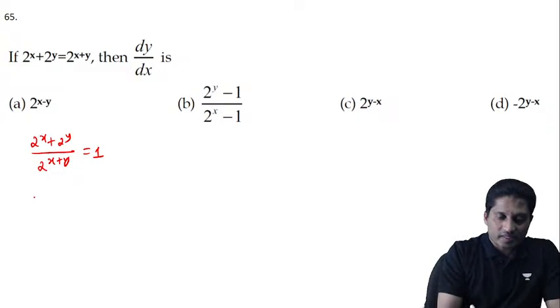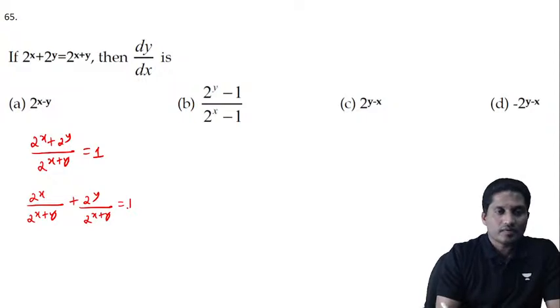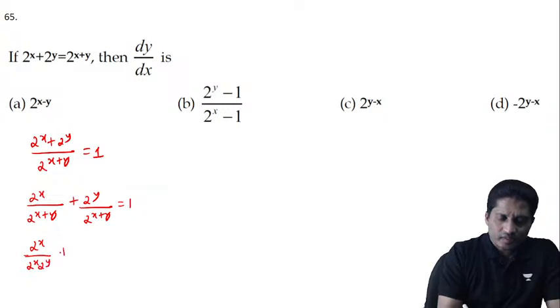So this can be written as 2 power x divided by 2 power x plus y, plus 2 power y divided by 2 power x plus y, is equal to 1. This is 2 power x into 2 power y, plus 2 power y, and 2 power x into 2 power y is equal to 1.